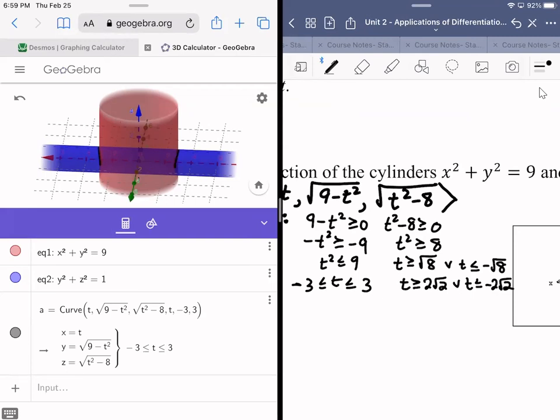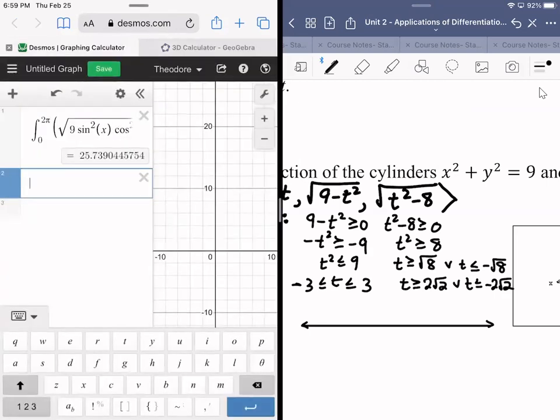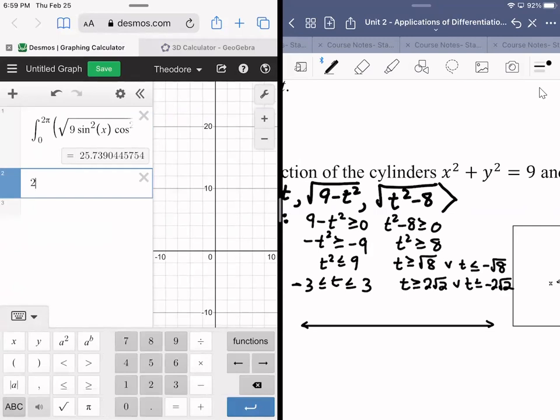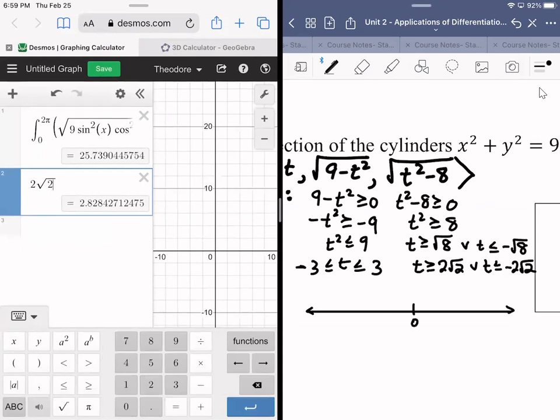I'd be saying, okay, well, I have to be between negative 3 and 3 for one piece, but beyond 2 radical 2 and negative 2 radical 2 for the other. Right, so just sketch it out if you want, or don't, that's up to you. But 2 radical 2 in decimal form is about 2.8. So here's 0, 1, 2, 3.